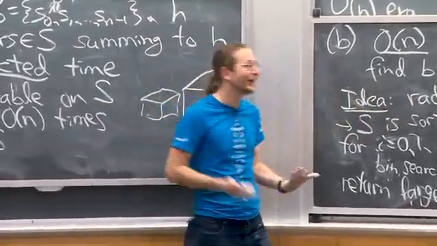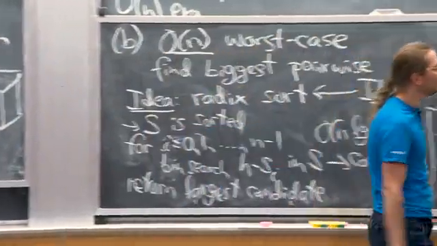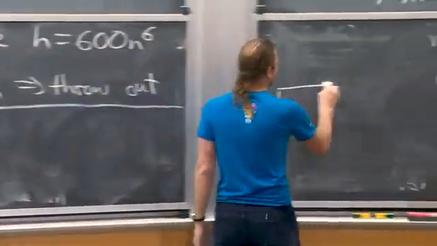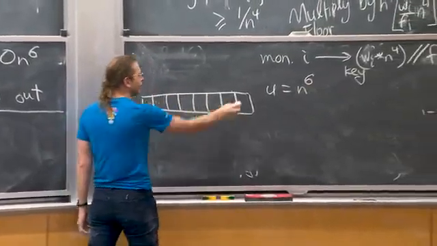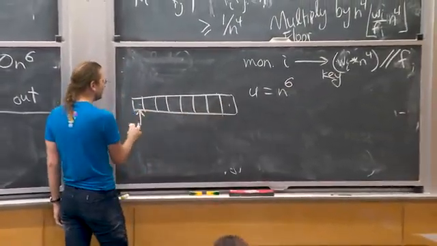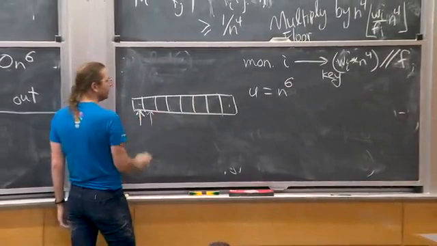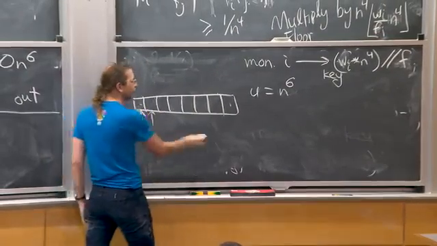That's as close as I can imagine. So here's my sorted S. This is the smallest item, biggest item. So I'm going to loop over these items one by one. So let's start by comparing the first one with the last one.